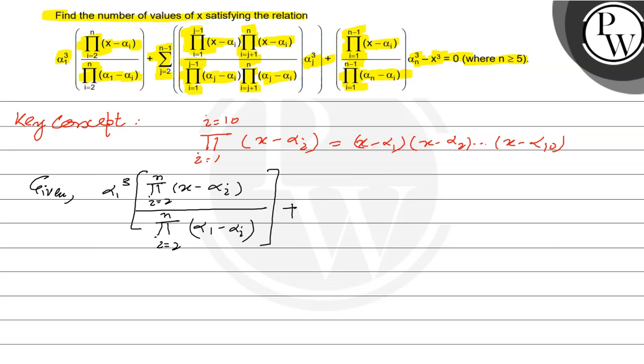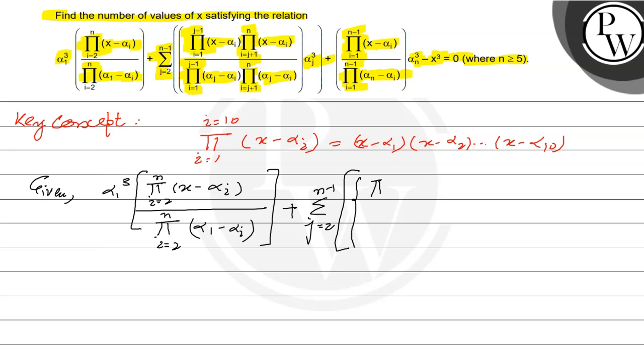The second term I am going to write with the sigma j equal to 2 to n minus 1, and then again we are writing like this, let me start with the curly bracket as well.